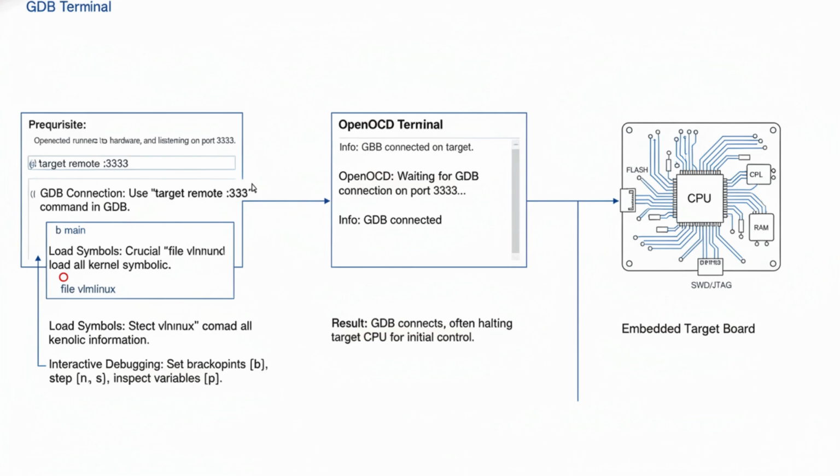Immediately after connecting, it is imperative to load the kernel symbolic information by typing file vmlinux into GDB. This command makes all kernel functions, variables, and data structures visible and navigable. You can now interactively debug, setting breakpoints with b function_name, single-stepping with n or s, and inspecting variables with p variable_name, offering unparalleled insight.